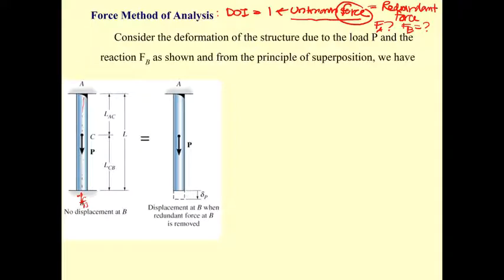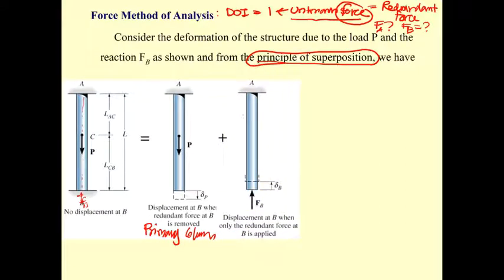We separate the column into two portions. One is subjected to the load P, which we call the primary column or primary structure, and this is going to be plus the one subjected to the redundant force.